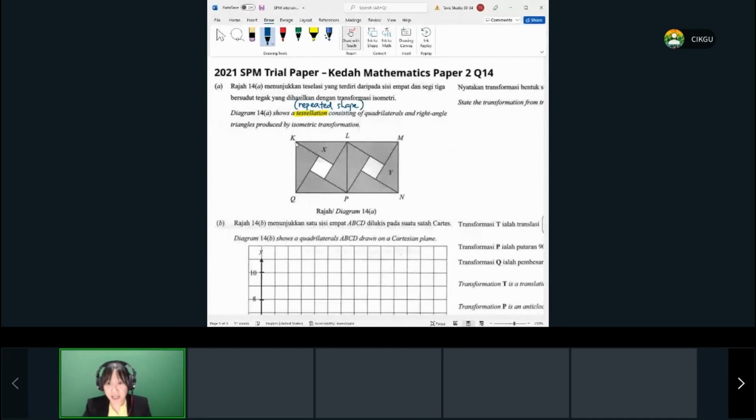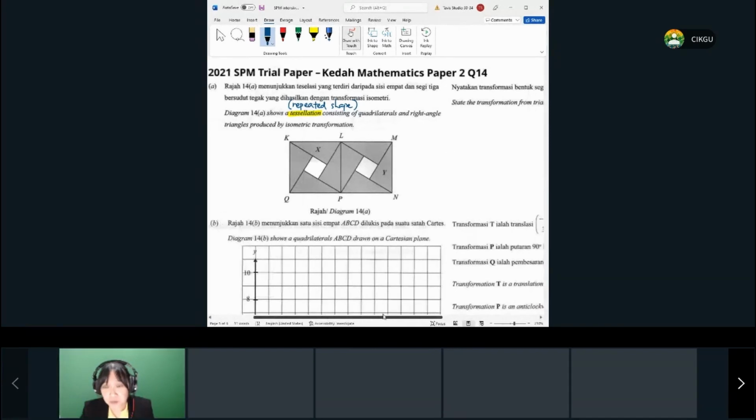You see KLPQ, this shape is repeated exactly here at LMNP, so it's called tessellation. This diagram shows a tessellation consisting of quadrilaterals and right-angle triangles produced by isometric transformation.